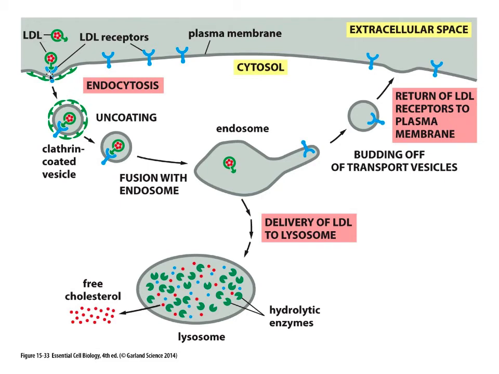So the cargo receptors are, in this case, LDL receptors, and those LDL receptors will bind to the proteins and then start concentrating in a region of the membrane known as a raft or domain. And that's where you get the adaptins and the clathrin molecules forming, and they form a vesicle. And the vesicle is budded off by proteins such as dynamin.